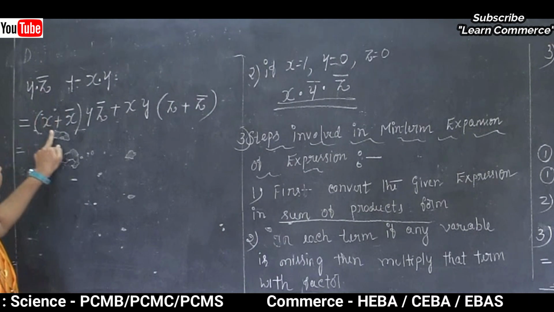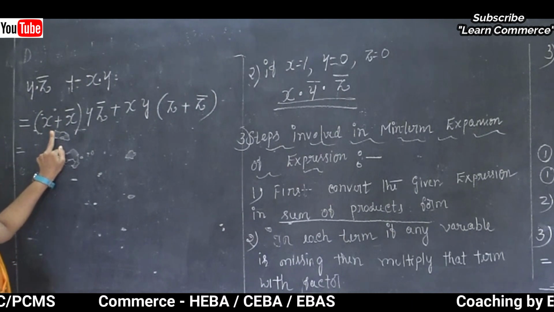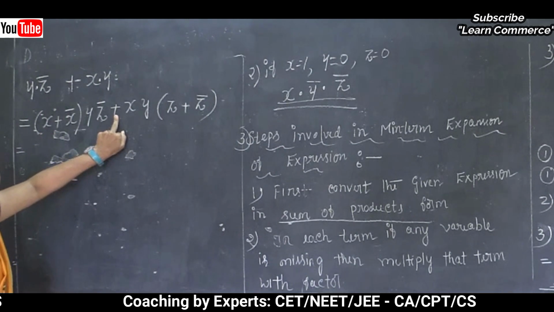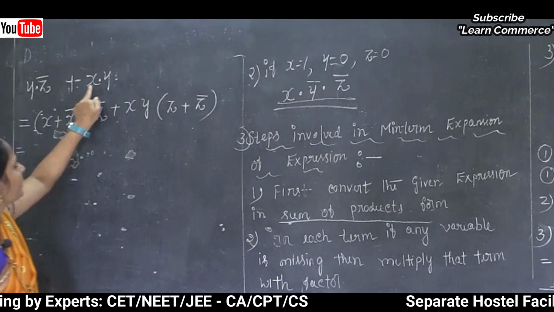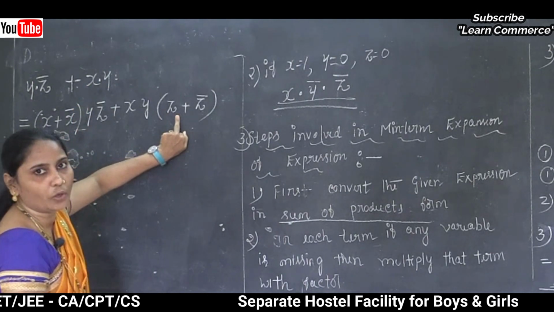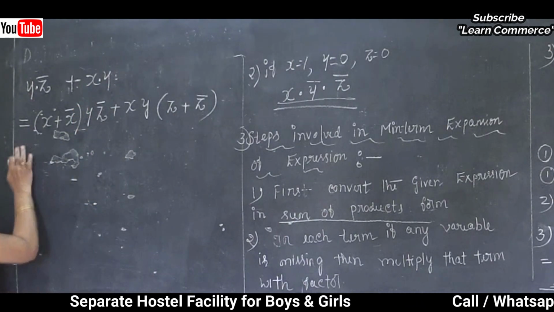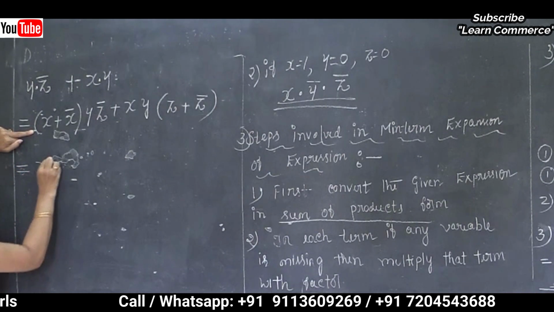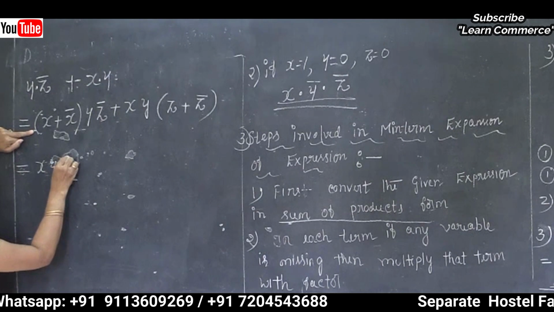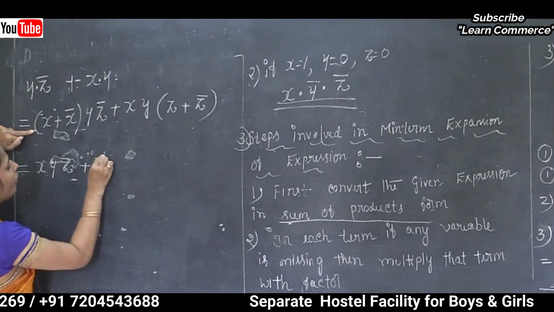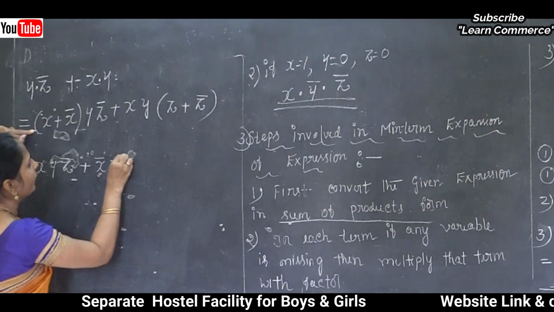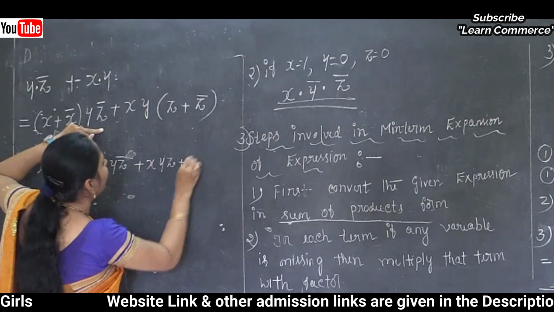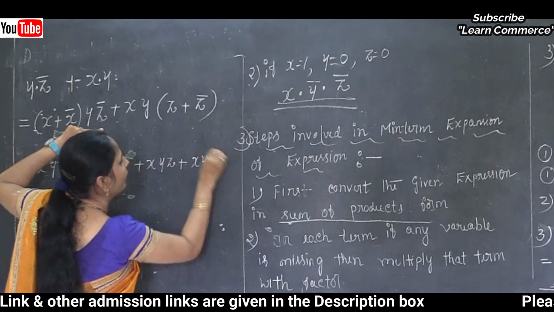X is not there, so x plus complement of x, y, z as it is, no changes, plus x, y, z plus complement of z. Now expand the expression: x, y, complement of z plus complement of x, y, complement of z plus x, y, z plus x, y, complement of z.